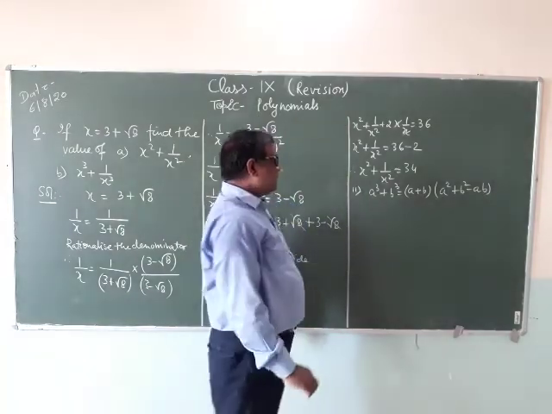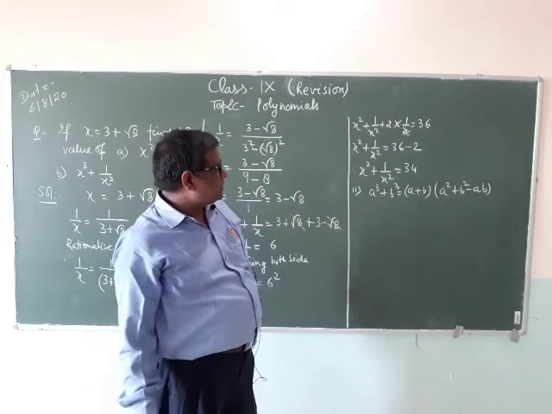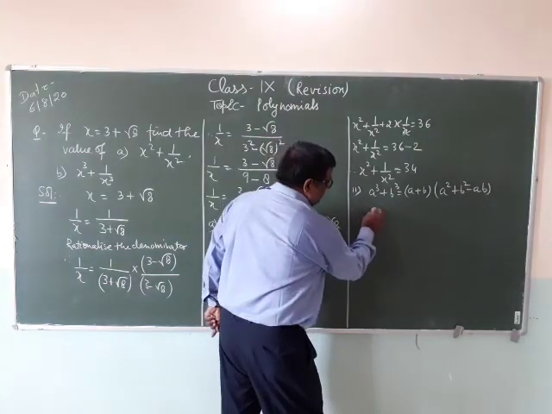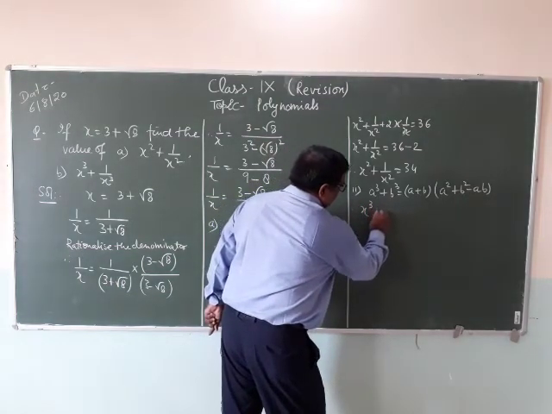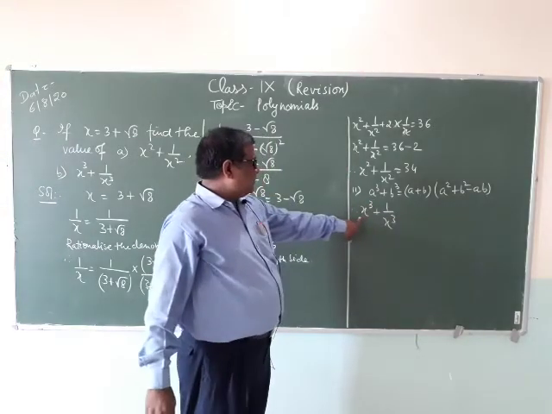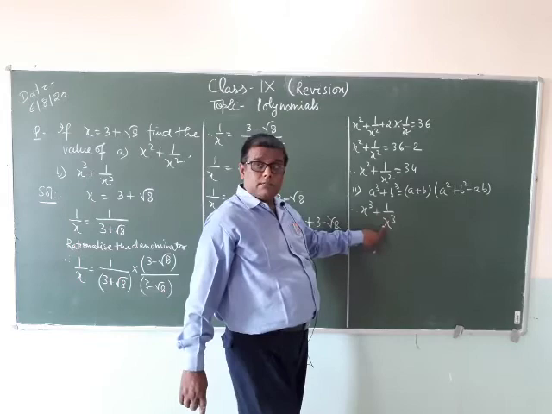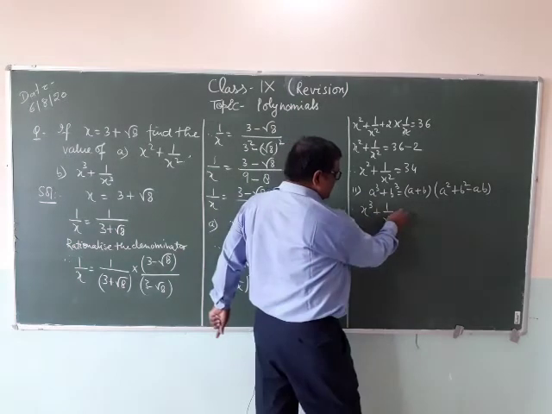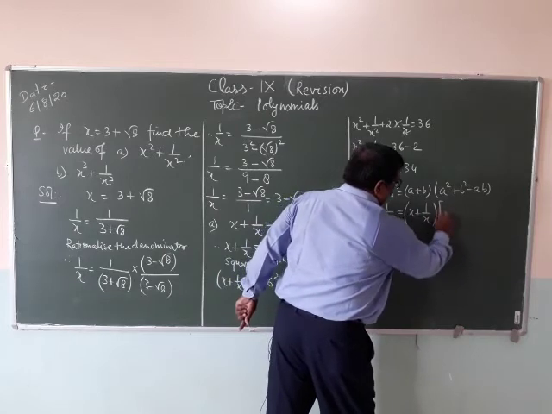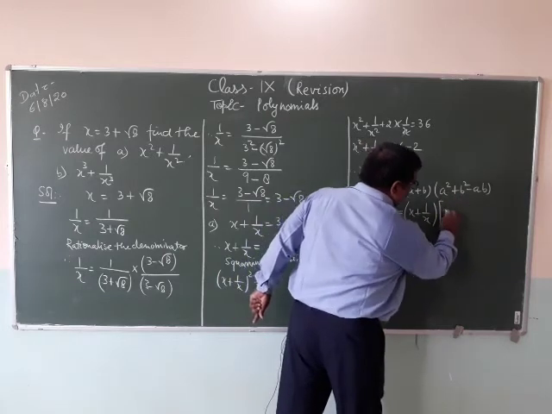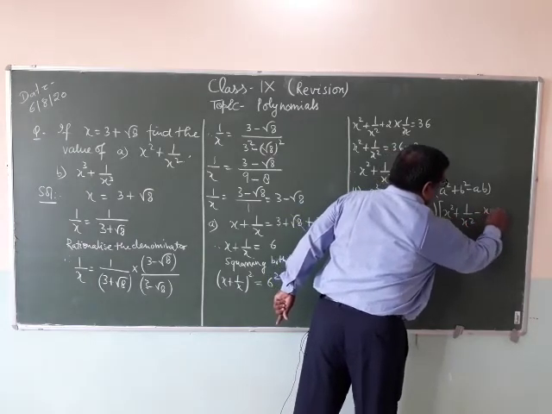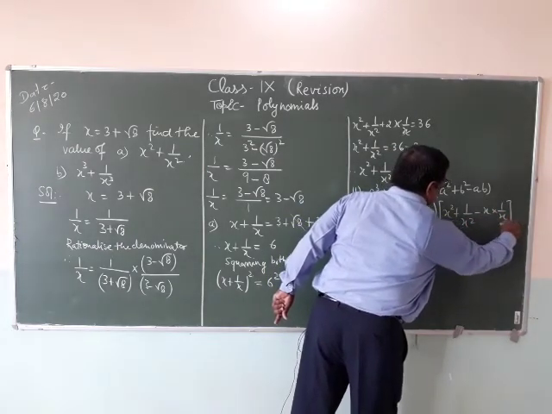Therefore we put a is equal to x and b is equal to 1 by x. Now we put this here: x plus 1 by x, and in another bracket x square plus 1 by x square minus x into 1 by x.